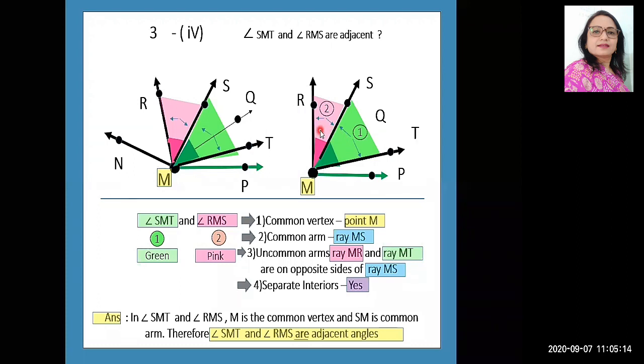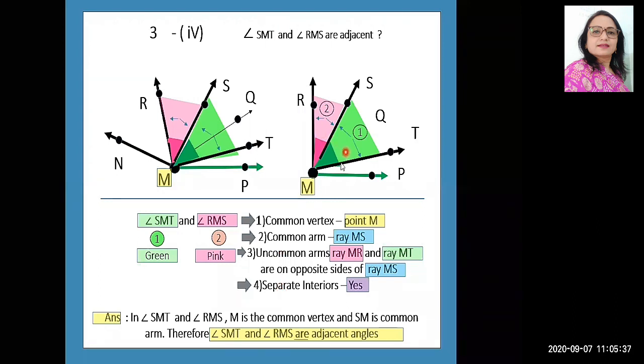So we know that two angles are adjacent when they have a common vertex, a common arm, and separate interiors. So yes, they have separate interiors. All four conditions are fulfilled by these two angles.